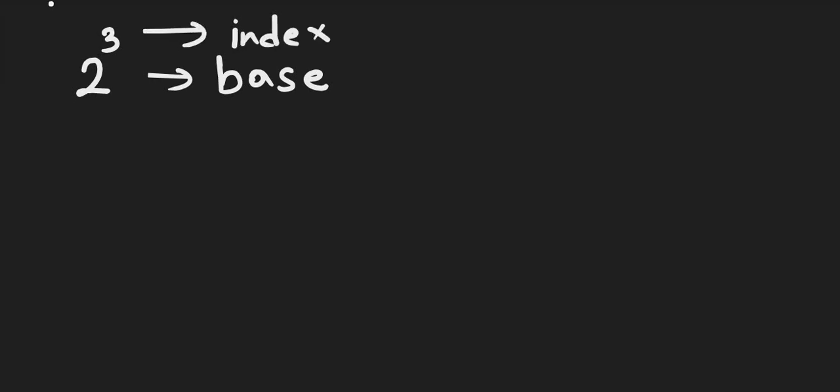Now, 2 to the power 3 is where we have 2 as the base and 3, the power part, as the index. We know 2 to the power 3 is equal to 2 multiplied by 2 multiplied by 2, which is 8.